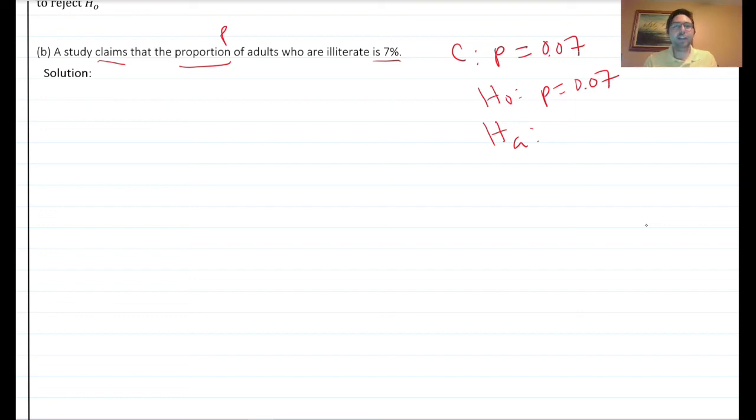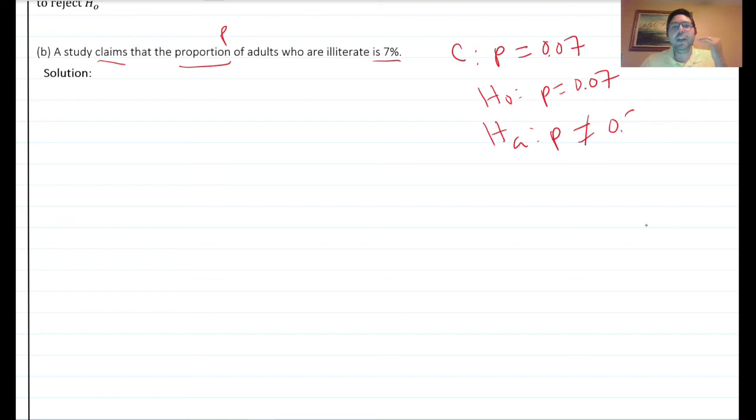If they don't say anything at all, then probably go ahead and use not equal to, or use the opposite. So for example, if they said that the null was less than 0.07, or less than or equal to 0.07, then you would do the opposite of that, so you would do greater than.